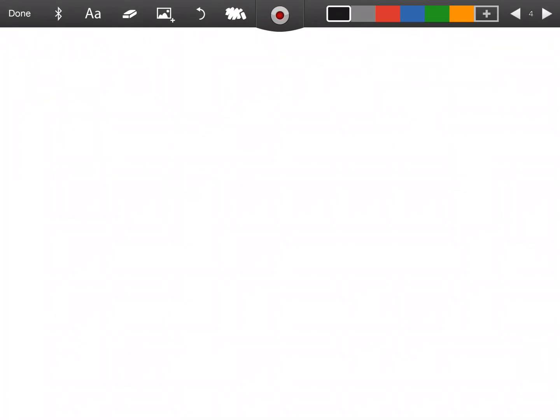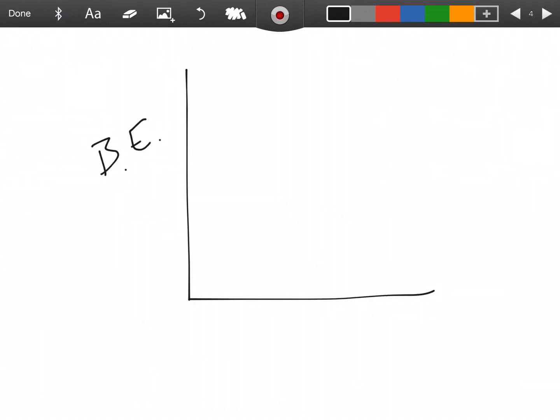So when I take a look at another kind of graph, if I were to plot the binding energy, and this is binding energy per nucleon. We calculated a binding energy for oxygen a little bit earlier, and we came up with 127 mega electron volts for an oxygen-16 nucleus. And so if I were to plot binding energy per nucleon versus the mass number, right?